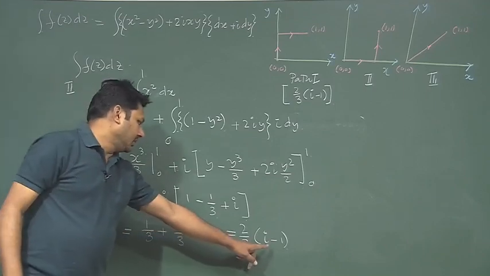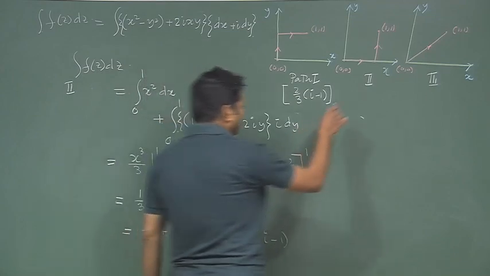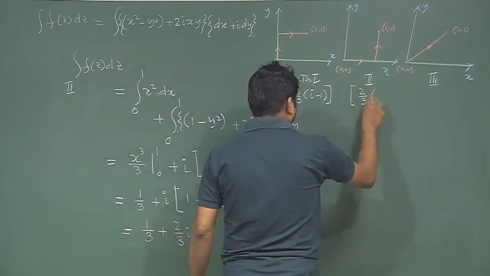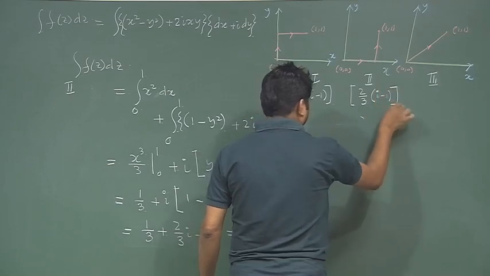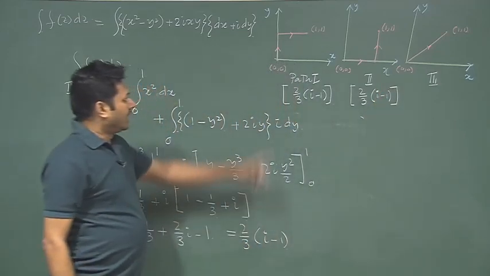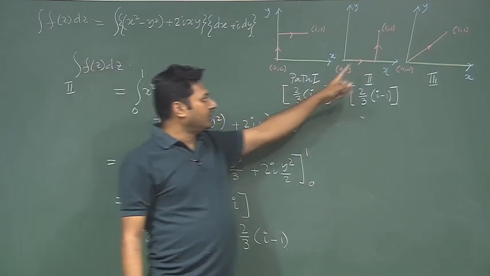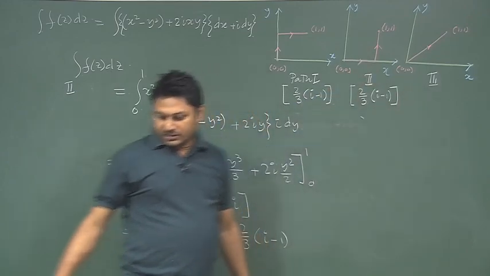So, path 2 also I am having the same value, 2 by 3 i minus 1. I evaluated the integration over path 1, I am getting this value. I evaluated the integration for path 2, I am getting this value. The last part is that.